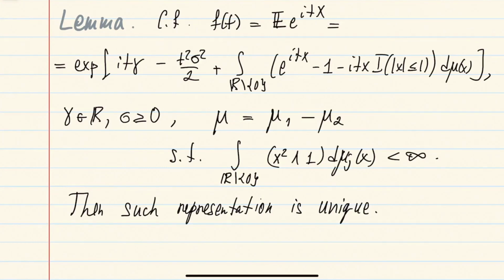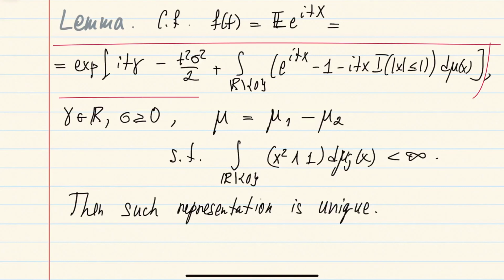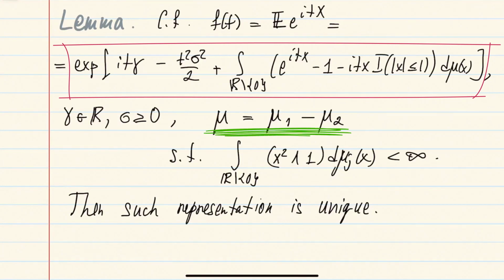And the importance of this result, which can be used in some exercises, is that if your characteristic function has representation of this form, and the measure mu is not a positive measure, but indeed a difference of two measures like this, so it has this negative part, then we know that the distribution is not infinitely divisible. So this result will allow us to conclude in the exercises that certain distributions are not infinitely divisible.